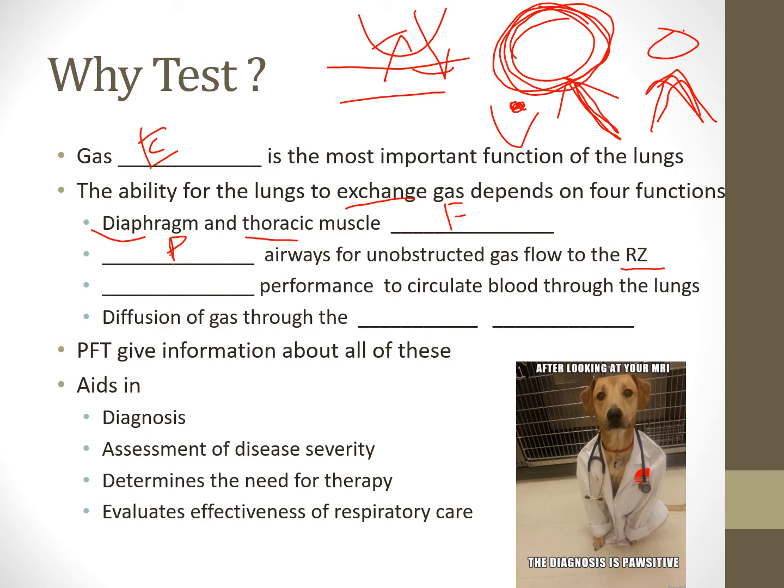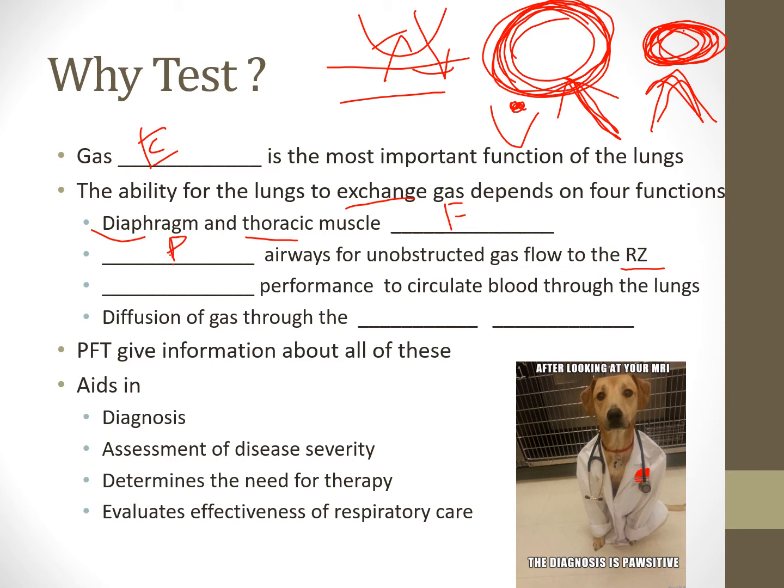The faster the flow rate, the more open the airways are, the bigger the radius. The slower the flow rate or the lower the number, the smaller the airways are. So someone that has asthma, where their airways become very, very small, their flow rates are going to be very, very low because they have a smaller lumen, right? They have a smaller radius.